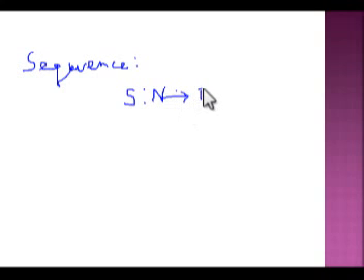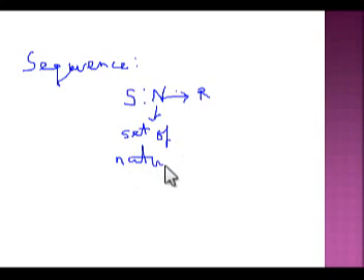N is the set of natural numbers, and R is the set of real numbers.